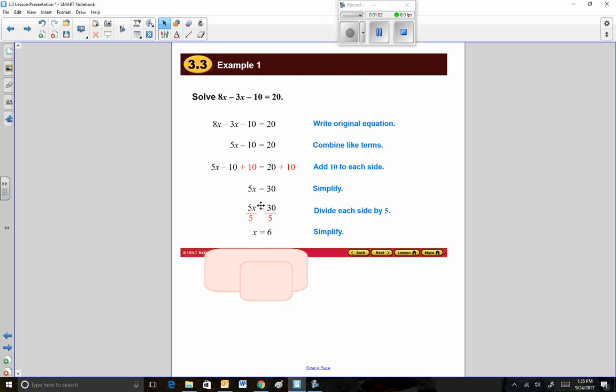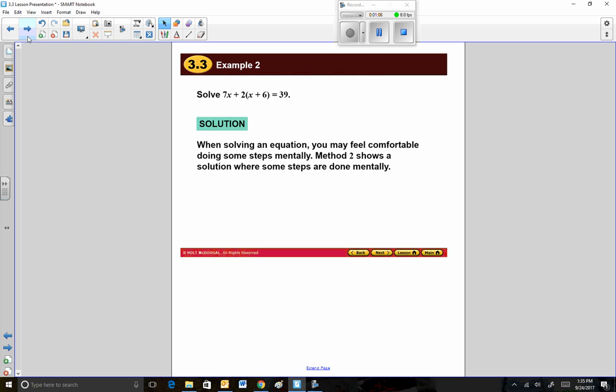All right, let's take a look at another problem. What happens when we have a problem like this? First thing we're going to need to do is, let's get a pencil, and we want to distribute 2 times the x and 2 times the 6.